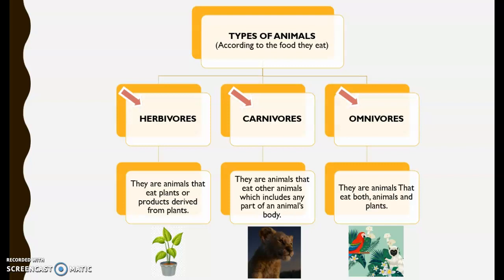As I mentioned before, fruits, seeds, roots, leaves, etc. Carnivorous animals are the animals that eat other animals, which includes any parts of an animal's body. So, as I mentioned before again, muscles, bones, organs. And omnivorous animals are all of those animals that eat both, not only animals, but also plants.